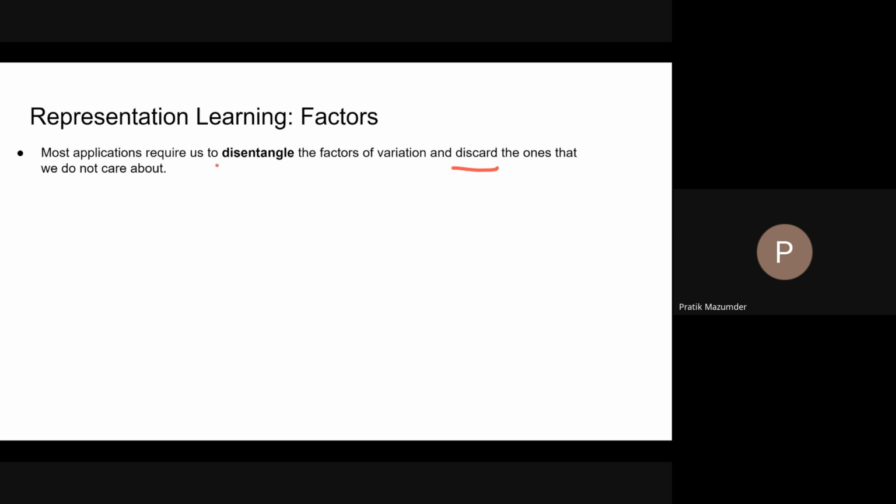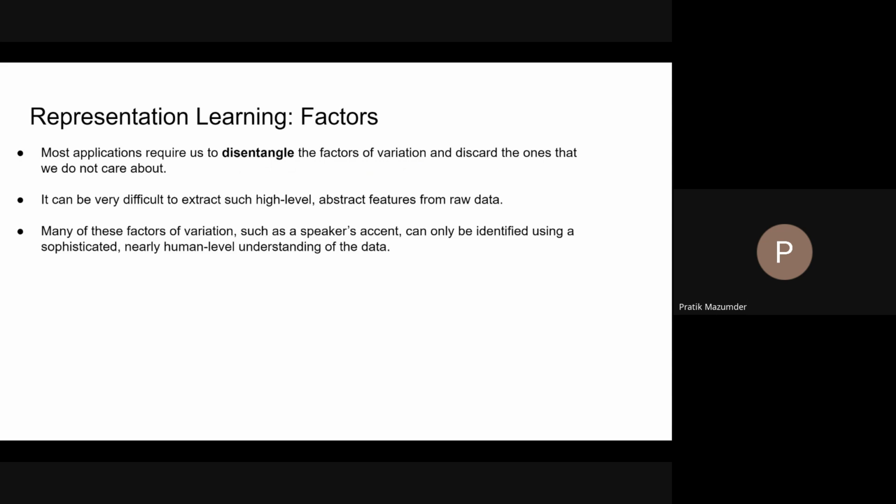By disentangling, you basically mean that you get independent factors of variation, so that if you modify one of them, the others are not affected. That's the ideal scenario that you want to achieve. Obviously, this is a very difficult task because not all of these factors will be directly evident from a given input, say a voice or an image, and you will always require some sort of human level understanding of the data, which in itself is very tricky.